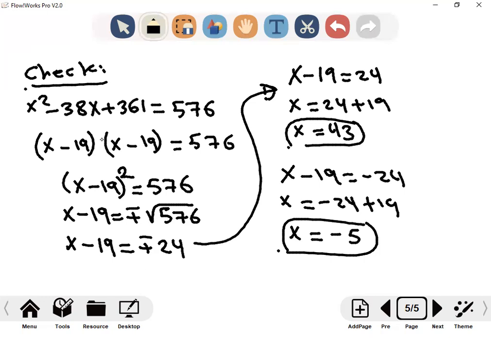X minus 19, the same parentheses here, right? If you have the same parentheses, a multiply a means a power 2. So x minus 19 multiply x minus 19 is x minus 19 all power 2. This number given comes down, right?